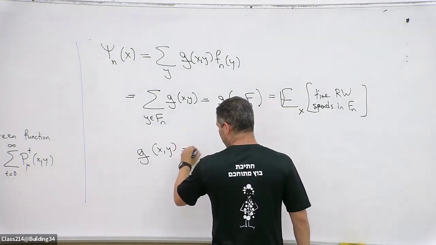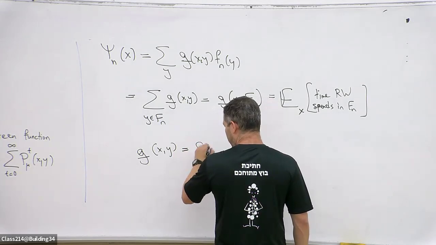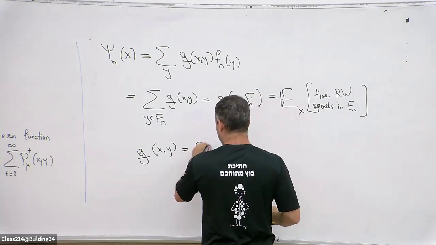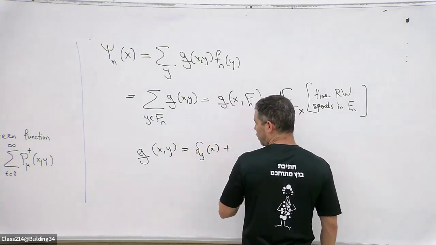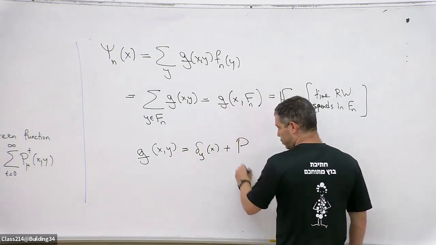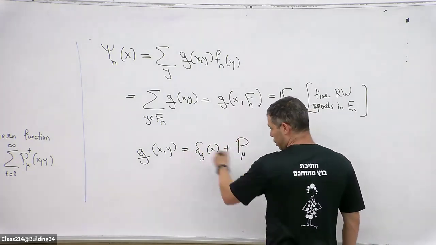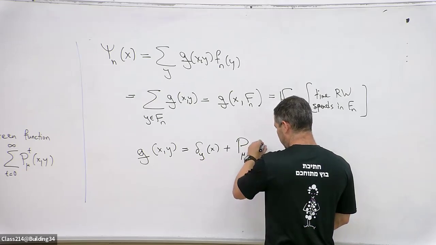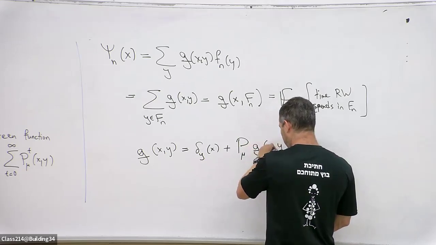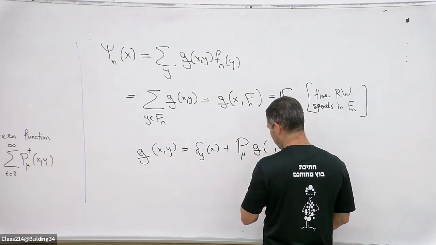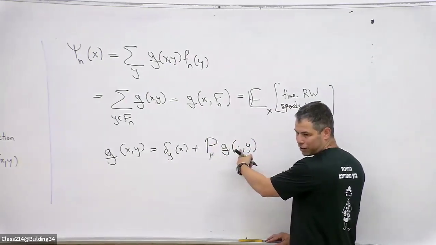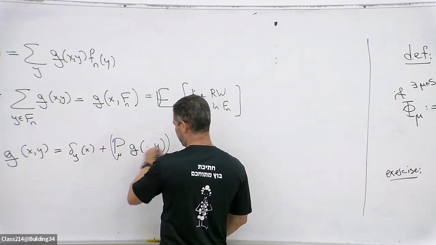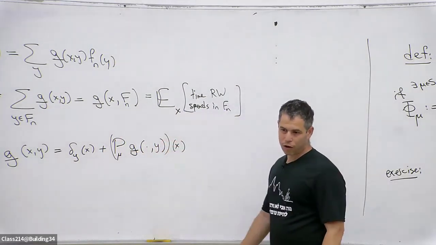So this is exactly delta y of x, as a function of x, plus the average of G over the first step. I average over the starting coordinate and take this thing at the point x. That's just the Markov property.